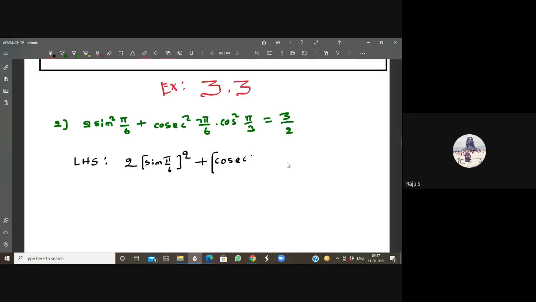210 can be written as 180 plus 30, that is 7 pi by 6, also 210. Am I right? Shall we write like this?